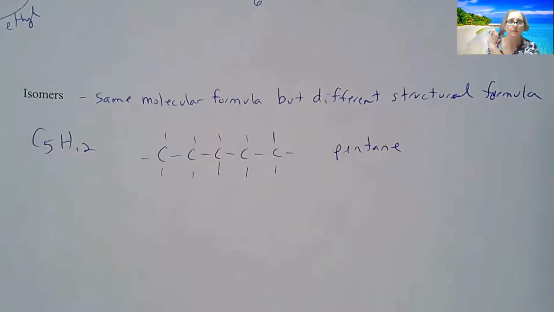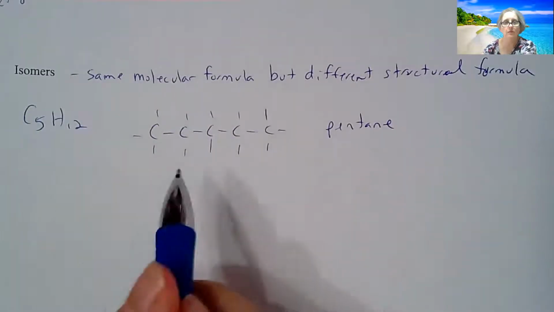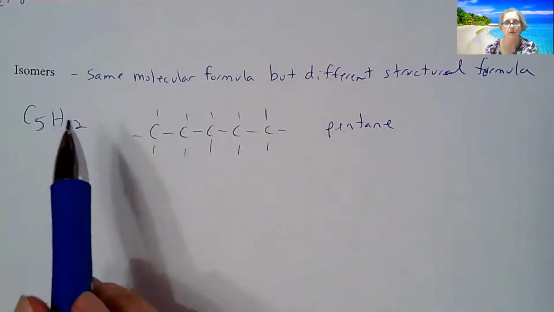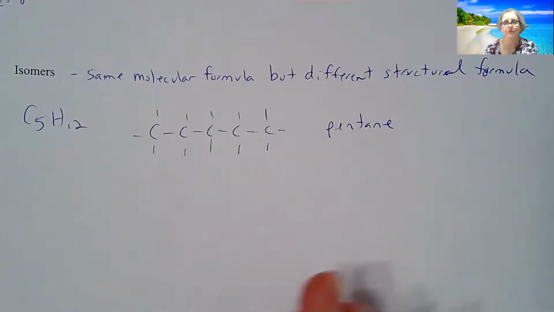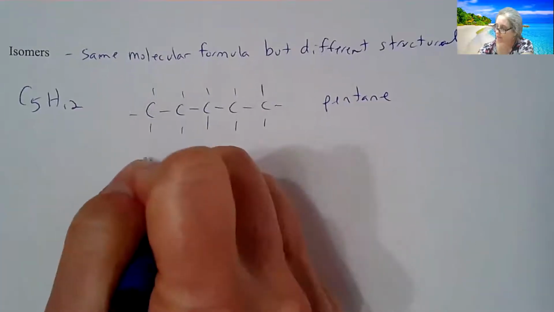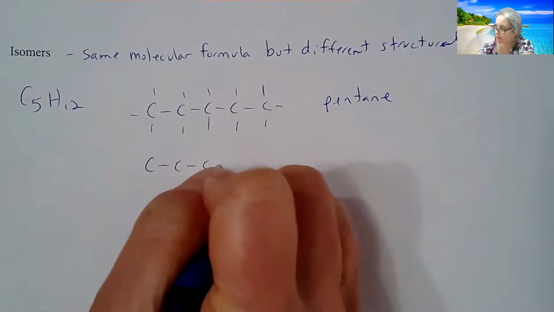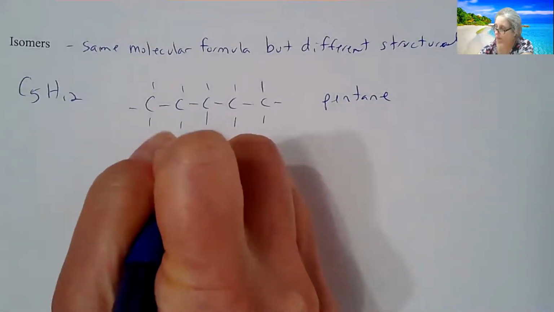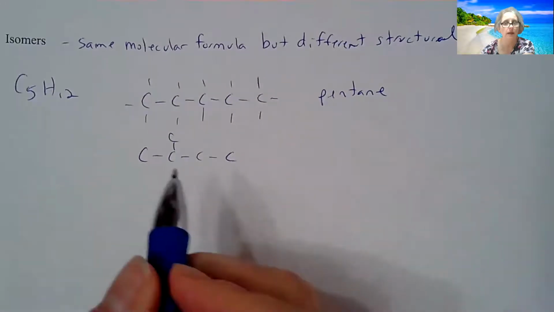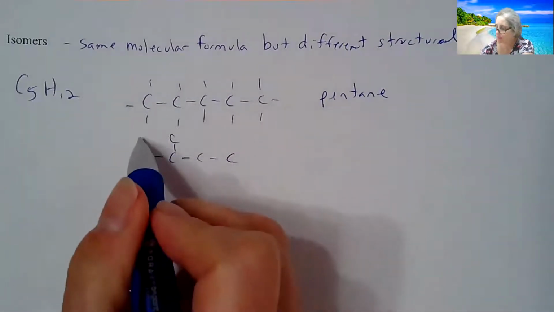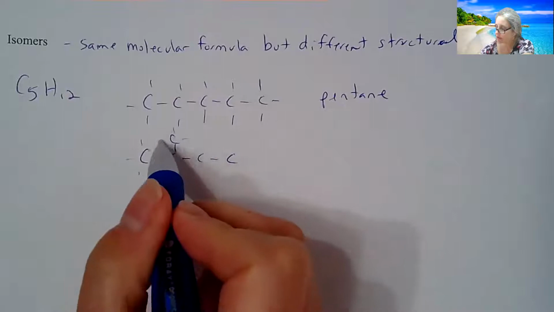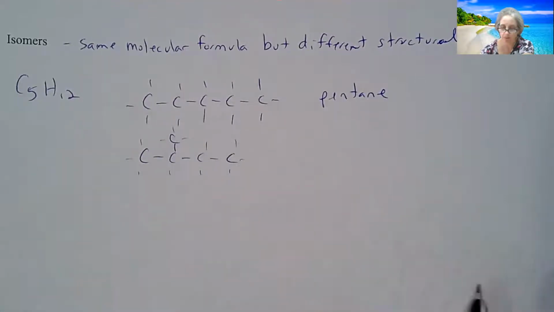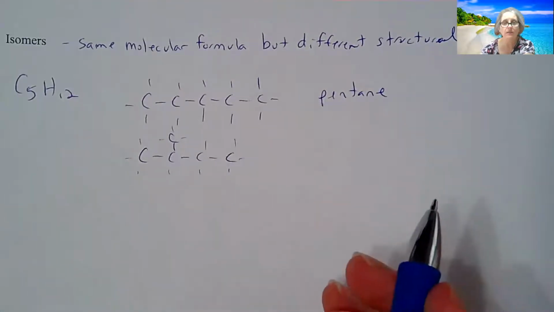But can I rearrange these carbons to have the same number of carbons and hydrogens, but have a different structure? So if I were to take 4 carbons instead, take one of the carbons off the end and put it as a branch, that's still going to have the same number of hydrogens, and you could count the hydrogens to see that you have the same number, but it's going to have a different name.